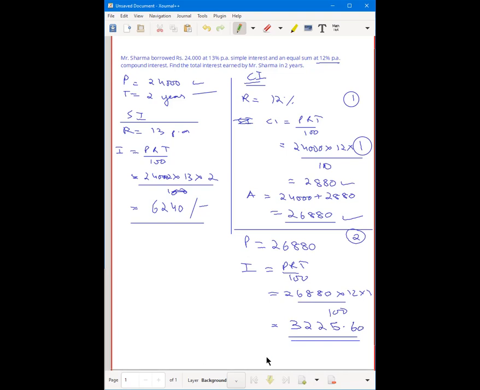So what will be the total interest on compound interest for 2 years? That will be 2880 plus 3225.60, which is 6105.60. So his total interest earned will be 6240 plus 6105.60, which will be 12345.60. An interesting sum.